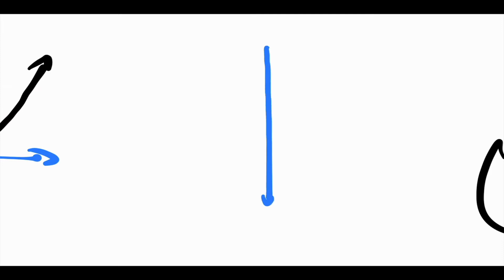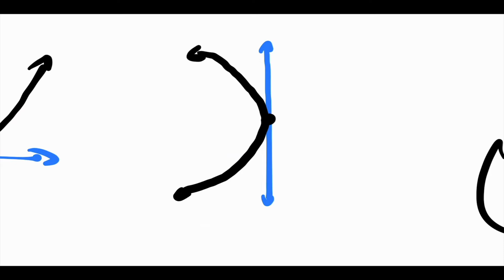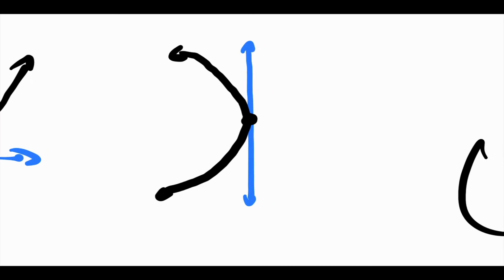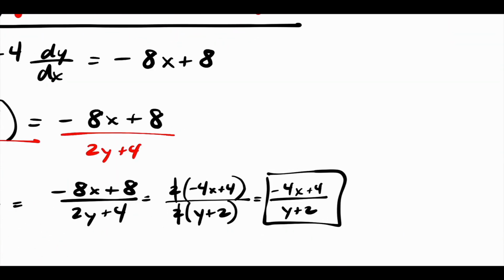Same thing, tangent. If a function maybe is like this, we have a vertical tangent line. What do you think the slope of that blue line is going to be? Undefined, right?